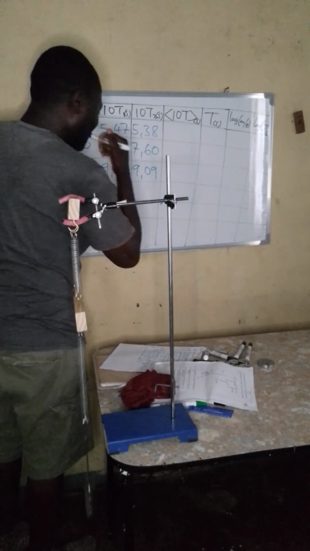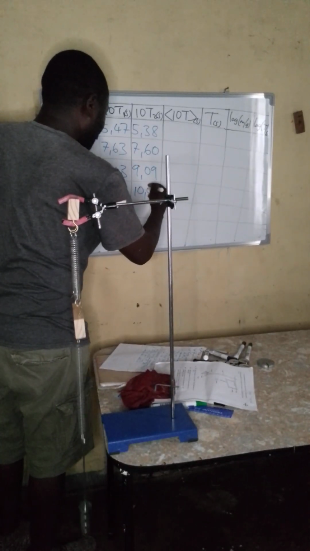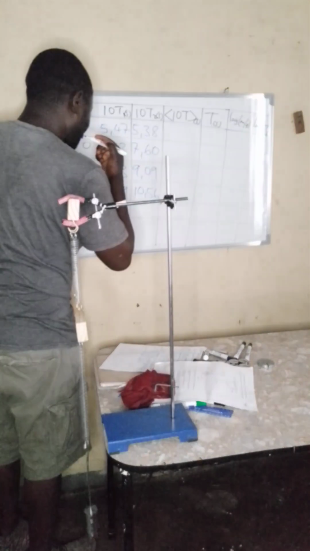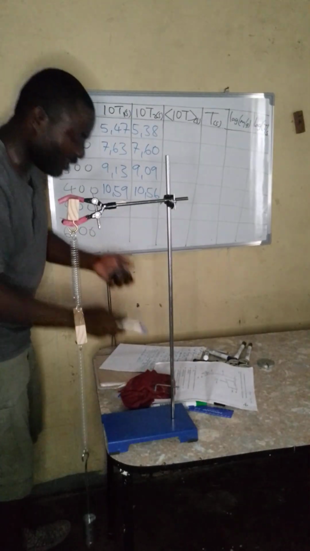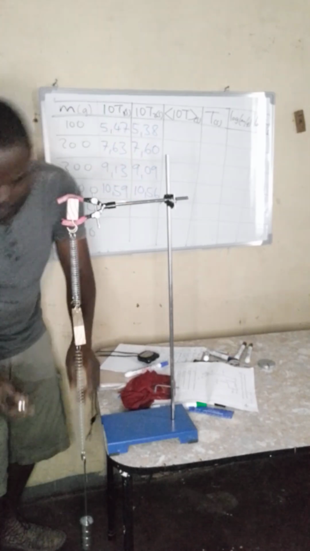Redo again. 0, 1, 2, 3, 4, 5, 6, 7, 8, 9, 10. 10.56. Redo again for 500.